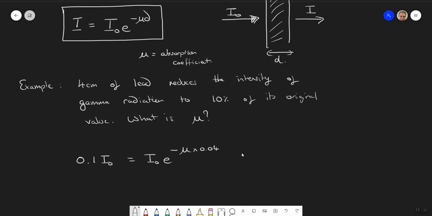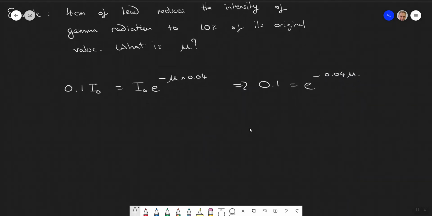So 0.1 is equal to e to the minus 0.04 mu, and we can get rid of that by taking the natural logarithm. So the natural logarithm of 0.1 is equal to minus 0.04 mu.